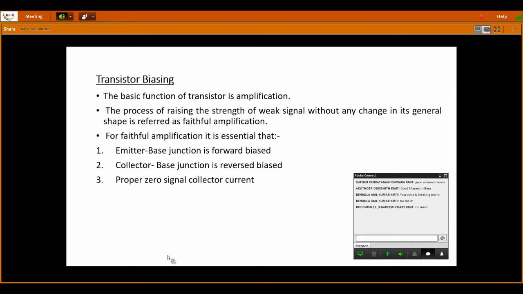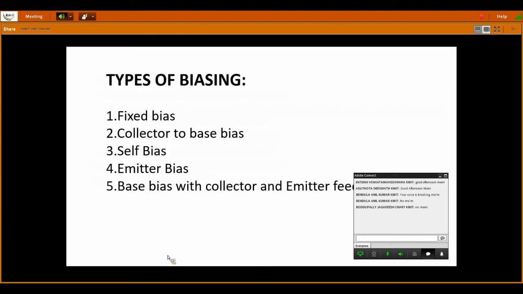These are the three criteria you essentially require in order to have faithful amplification, without any distortion or clipping at the output.